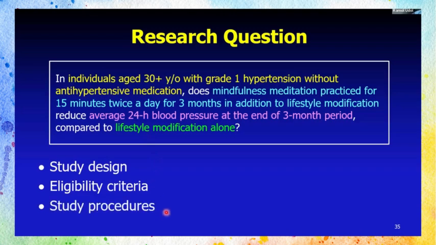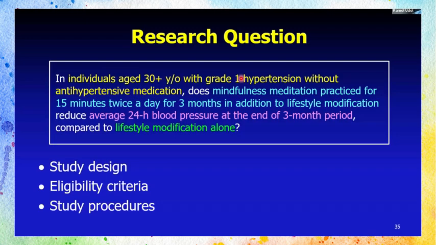You will determine the study procedures. From this research question, you will know what variables you are going to measure. And you will know what you are going to do with your subjects. When you enroll a subject, you will measure the blood pressure. You will teach them how to perform mindfulness meditation.